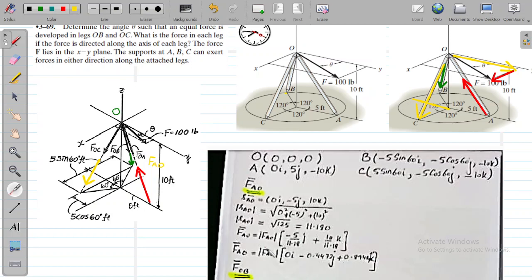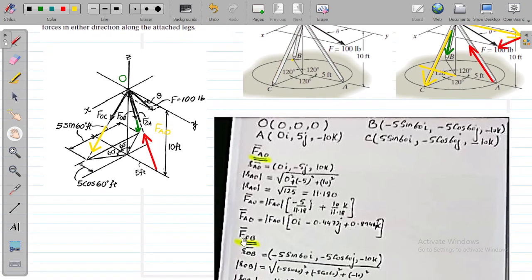You simplify it, and you get the force FAO equals FAO magnitude times 0i minus 0.4472j plus 0.8944k, where k is the unit vector.